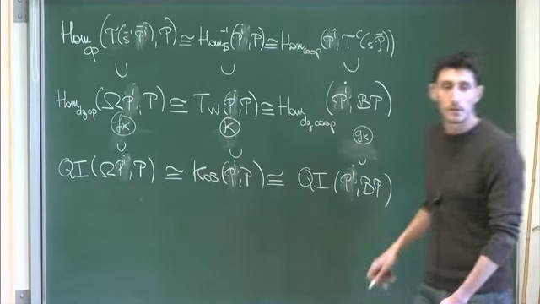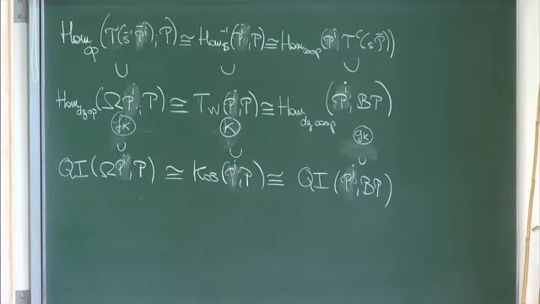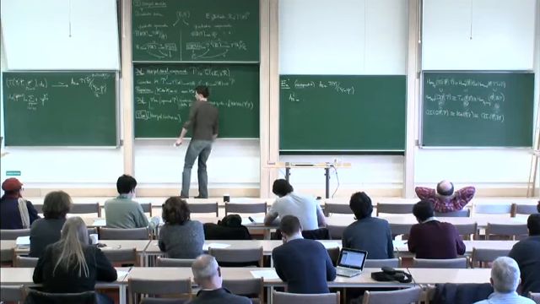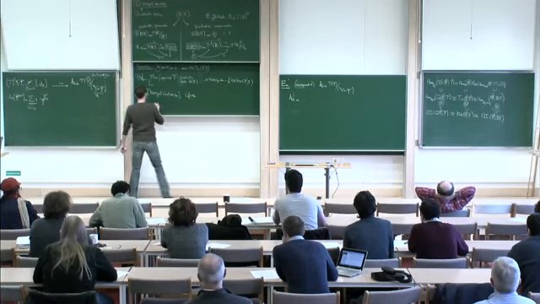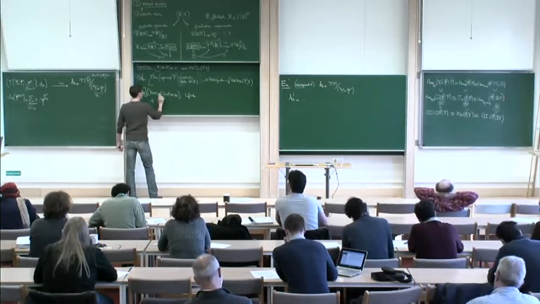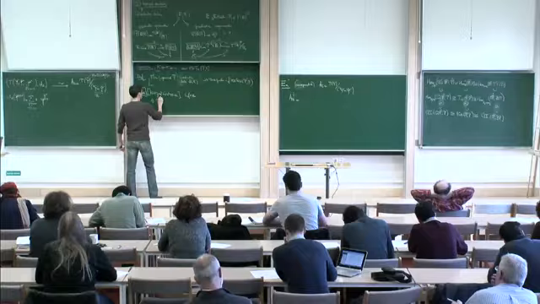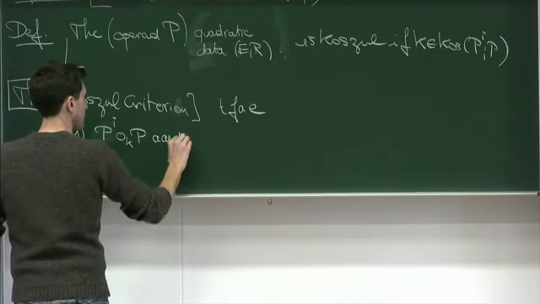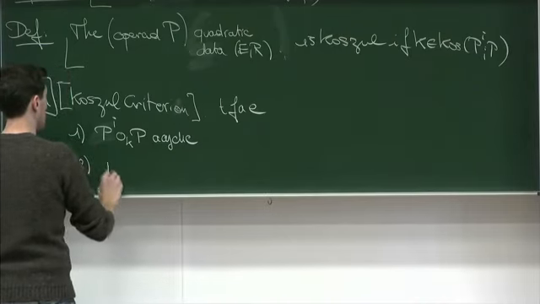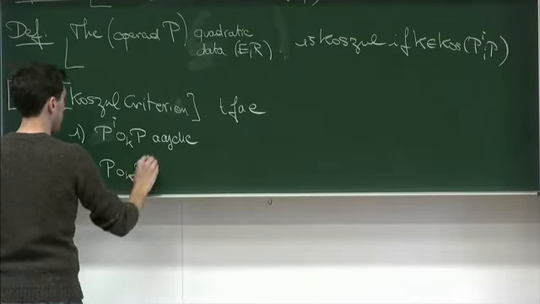Let me write it once again. The following assertions are equivalent. The first one is the Koszul complex, the left Koszul complex. The second one is the other Koszul complex.